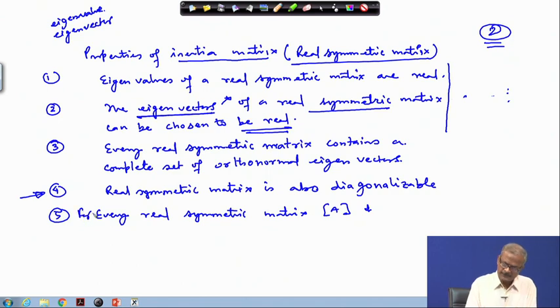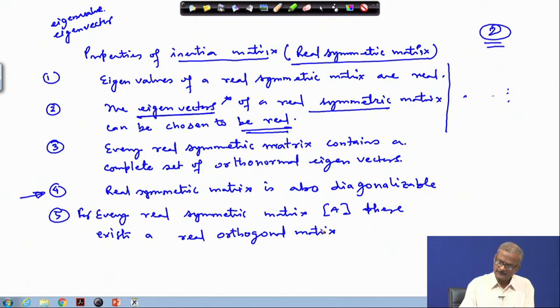For every real symmetric matrix A, there exists a real orthogonal matrix. Already we have studied what an orthogonal matrix is.